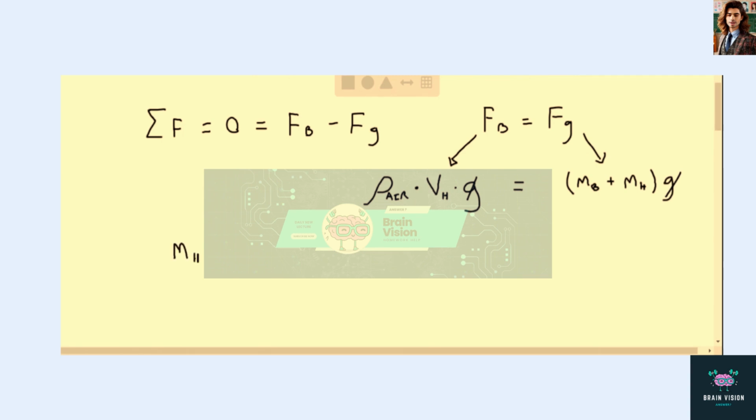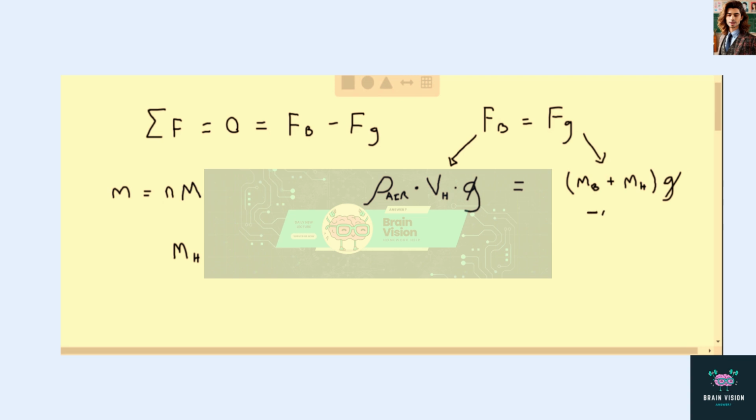And remember, if we have the mass of the helium, we can get the number of moles, right? Because the relationship between mass and moles is just that mass is equal to the number of moles of a substance times its molar mass. So we're going to solve this for the mass of helium, convert it to moles, and then plug everything into our first equation.